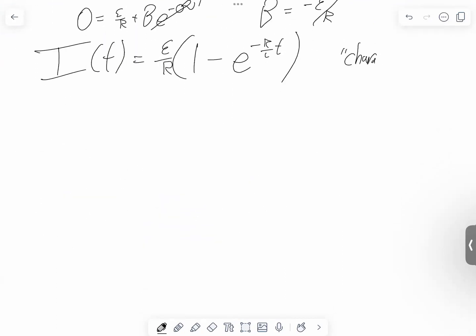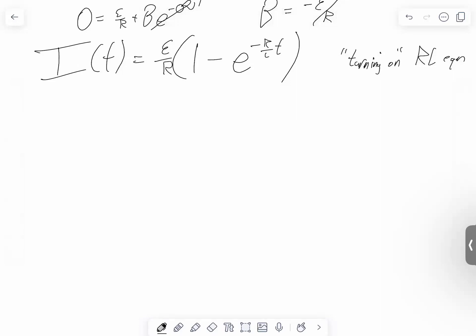The charging RL equation? Maybe charging is the wrong word. It's not building up charge. How did the textbook put this? The textbook doesn't describe this. Maybe turning on is a better phrase.